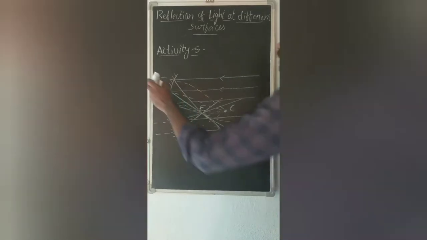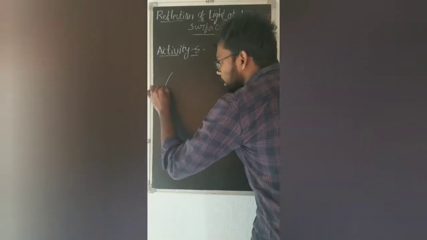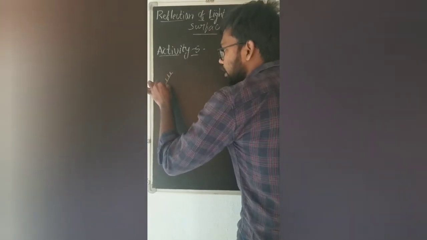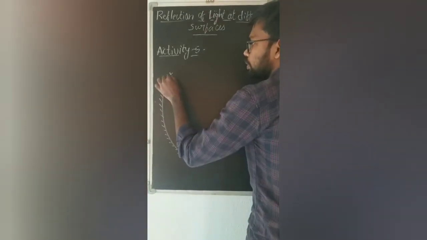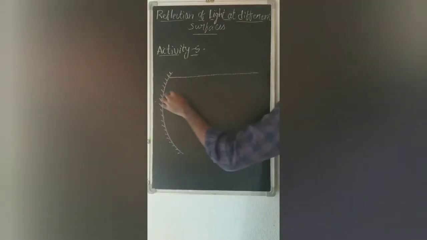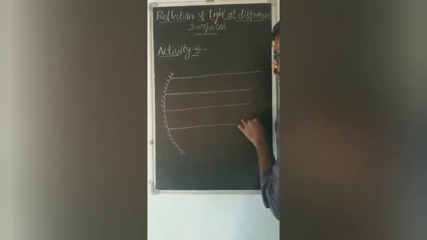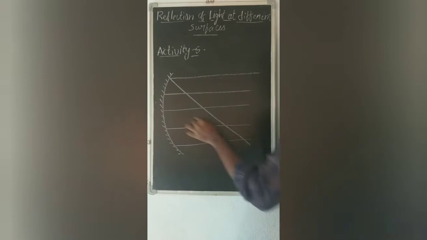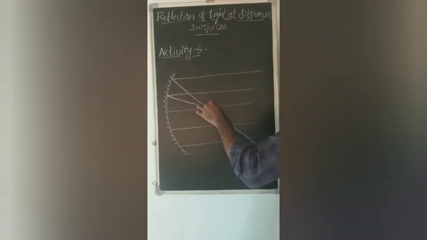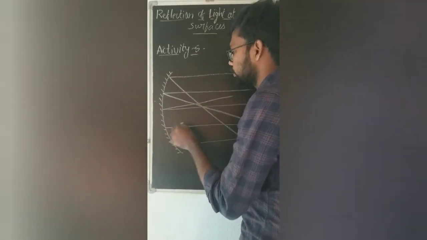Let me draw it once more neatly. We take a concave mirror and place it in front of the sun. Different light rays fall on the mirror and get reflected back.